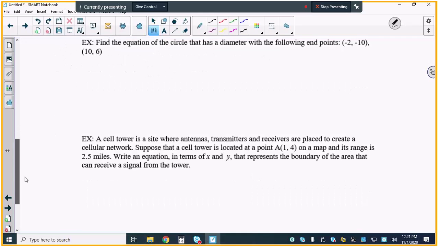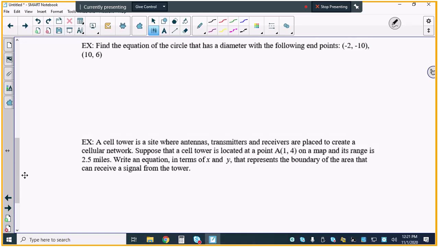Find the equation of the circle that has a diameter with the following endpoints, (-2, -10) and (10, 6). So remember, in the circle, the diameter is the largest secant line that always passes through the center. And these points are (10, 6) and (-2, -10).